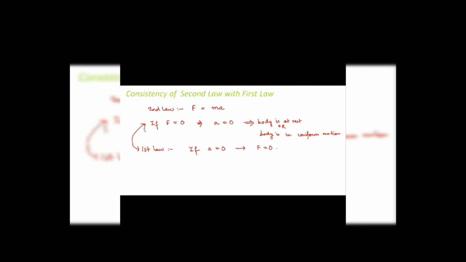Now we will talk about another quantity, that is impulse. Impulse is defined as a force multiplied by the time it acts over. That means when a force is acting on a body, for how much time the force actually acts on the body, that is known as impulse.